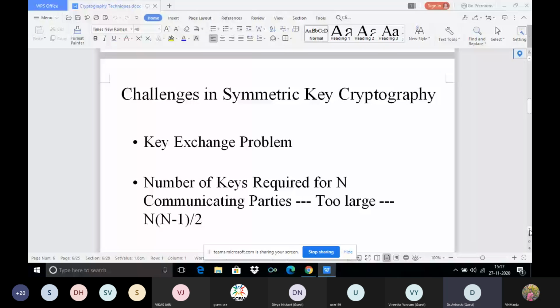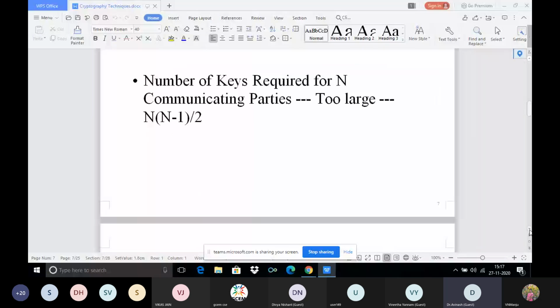Suppose the number of people communicating is large, then the number of keys, n(n-1)/2, will be very large, very big. In this case, there could be a possible challenge, that means the problem can occur.